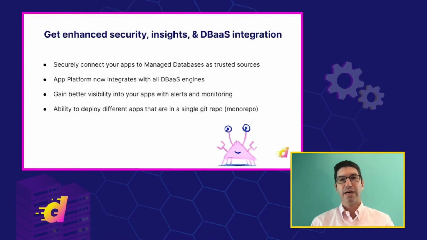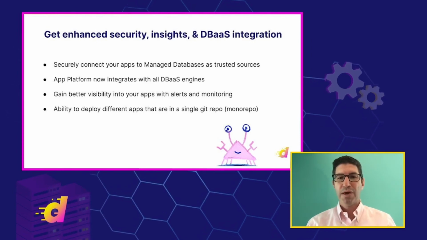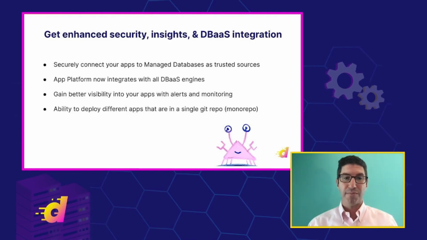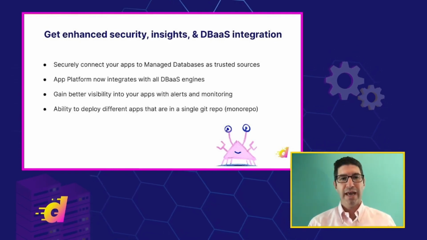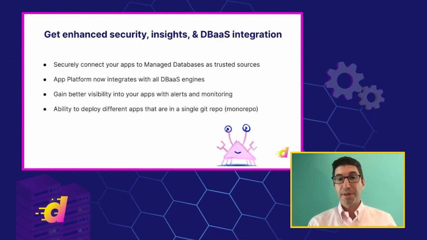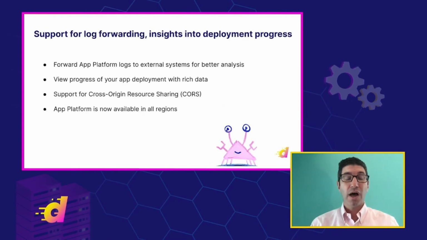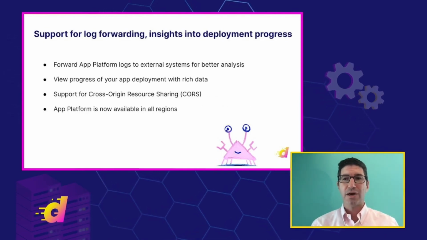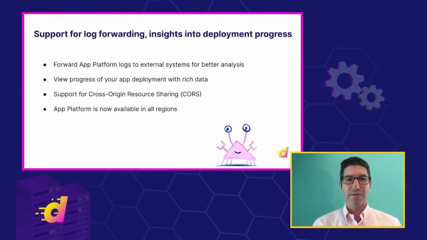We've improved alerting and monitoring. You can get alerting and monitoring on your application right from within app platform. We've made it easier to deploy different types of applications, including deployment from mono repos. So just lots of improvements across the board. And some capabilities that we're really excited about for app platform are things like log forwarding. So you can forward logs to external systems like Papertrail and Datadog, making it easier to operate and manage your application over the long term.